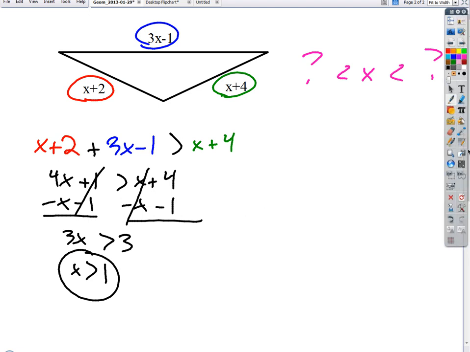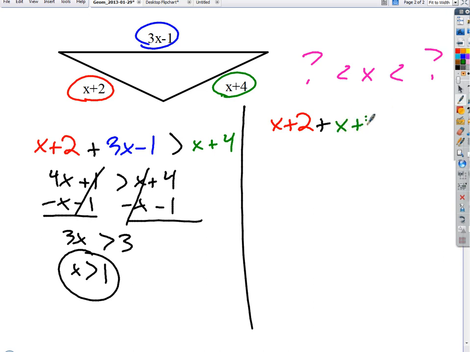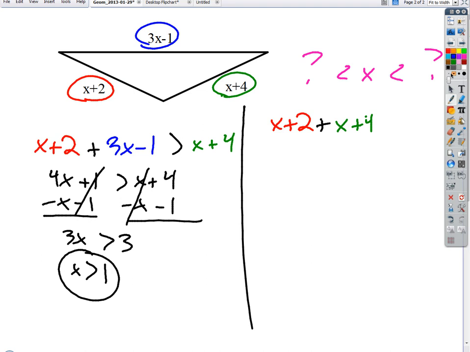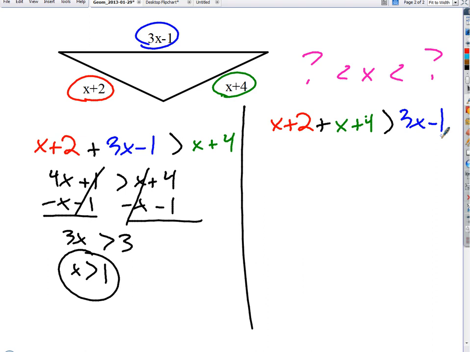Now let's look at another one. Let's go over here and let's try. We said red plus blue is greater than green. What if we did red plus green is greater than blue? So x plus 2 plus x plus 4 is greater than 3x minus 1.